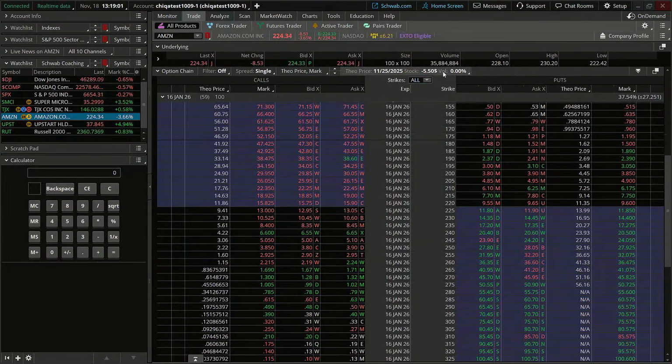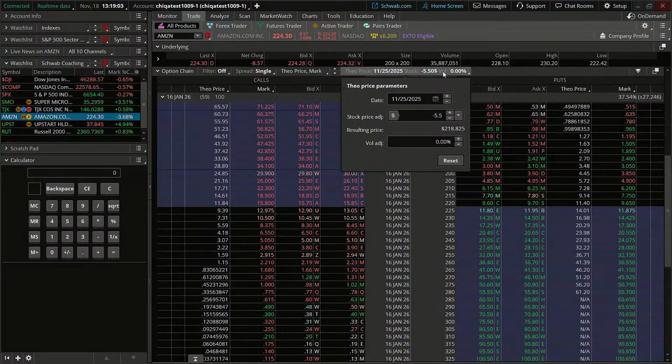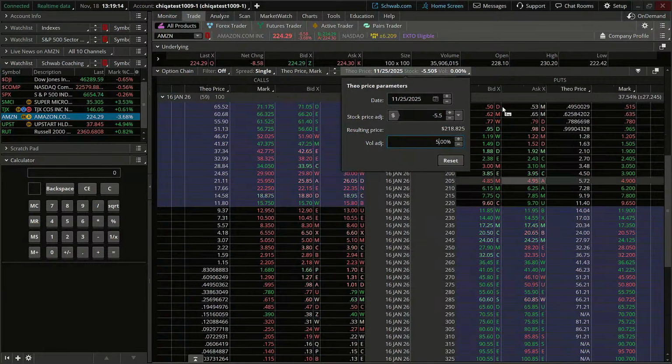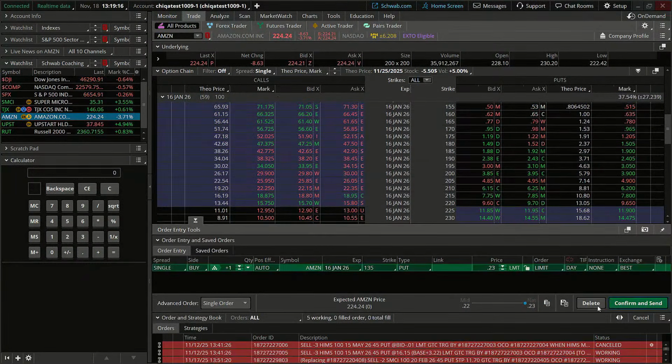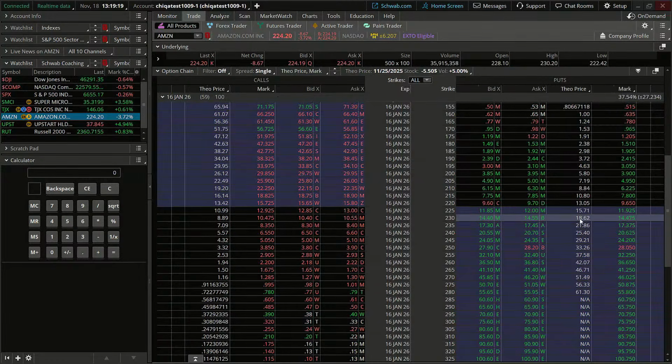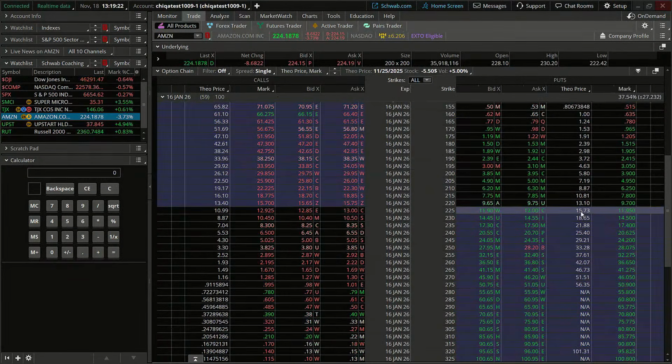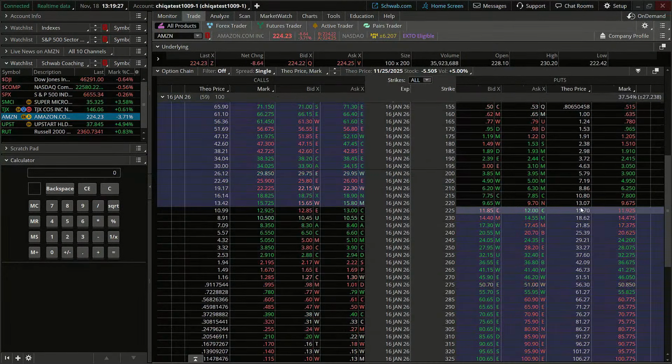Now, let's just say with the movement down in price, volatility goes up a little bit. Let's say it moves up about 5%. Now look at these filters on the Theo Price, and I'm going to click out of this box here. This will show me, with a 5% change in implied volatility in addition to that stock price dropping, we're going to see another continued move to the upside with our put option, because we have a pretty Vega positive strategy here.